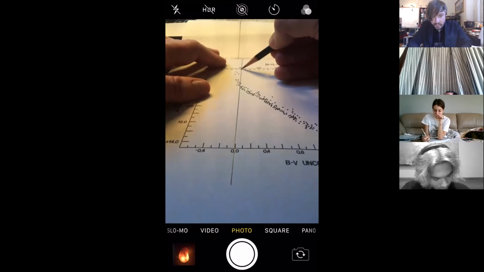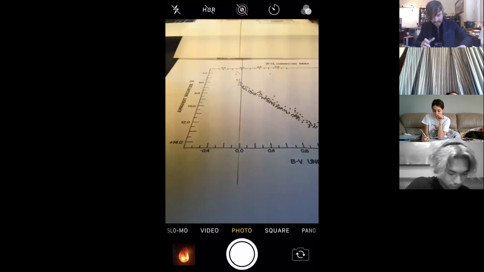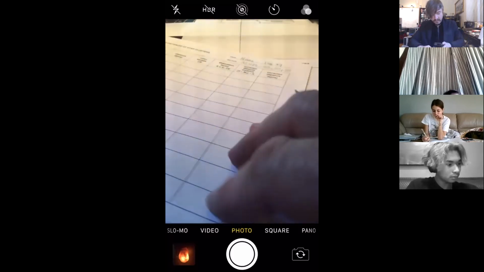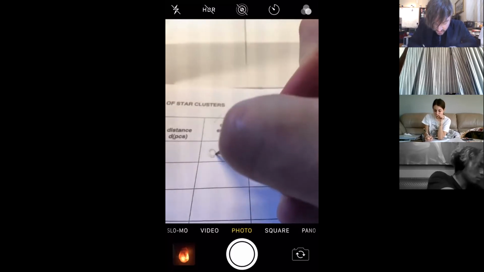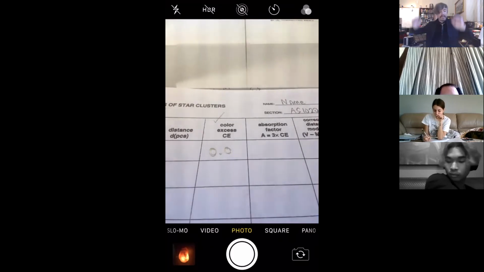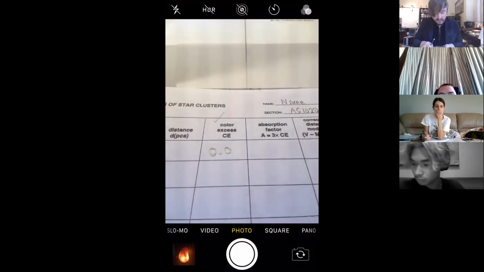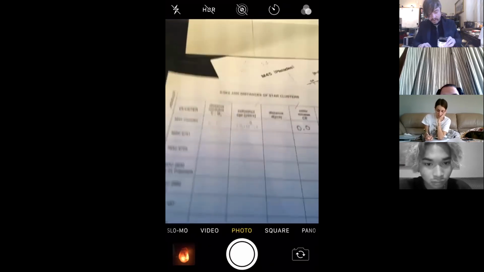And that means the zero point of our corrected index matches the zero point of the uncorrected index. The so-called reddening of the star is 0.0. There's no change in color of the stars. This is going kind of awkwardly, so I'm probably just going to do one or two of these to show you how it works.